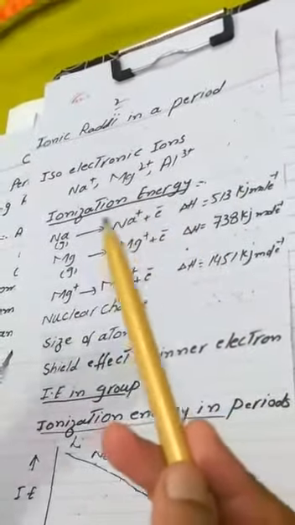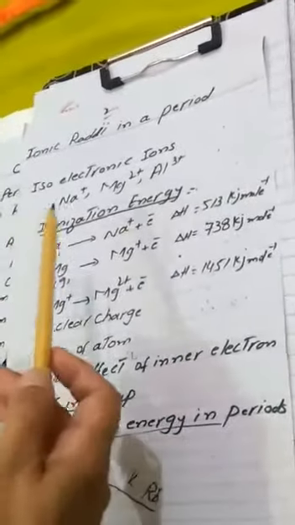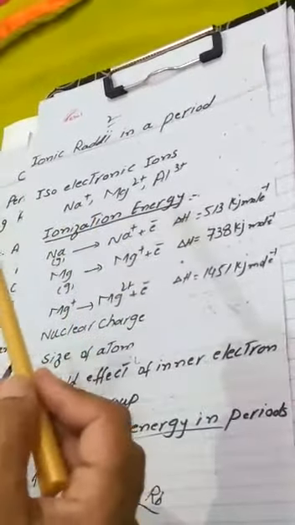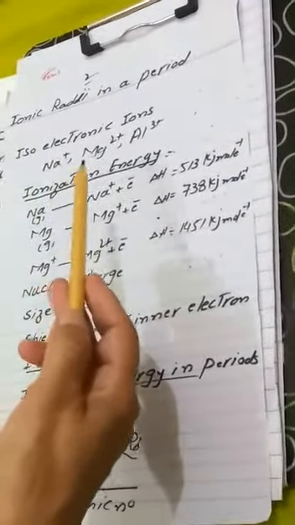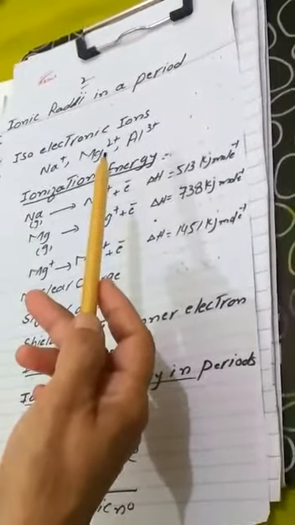Sometimes there comes a 2-mark question on isoelectronic ions. Then you can define it: ions which have the same number of electrons are called isoelectronic ions. For example, sodium ion, magnesium ion, and aluminium ion.